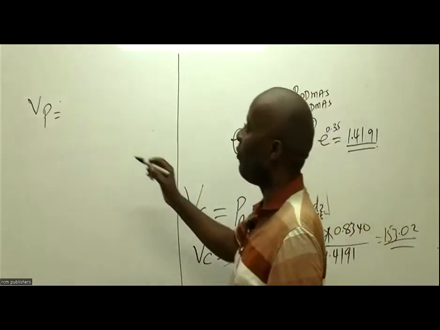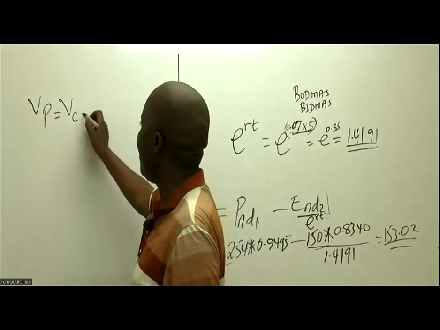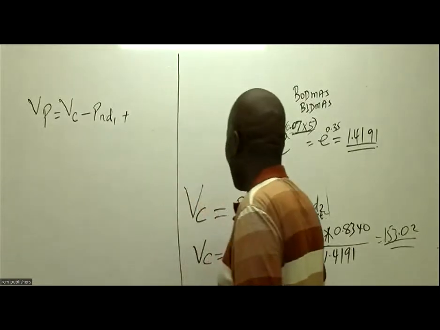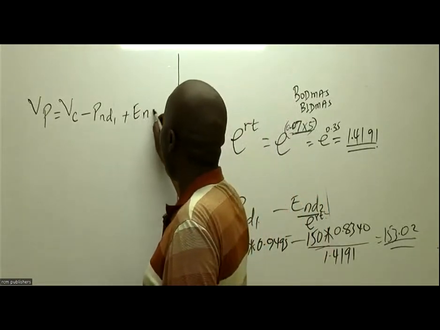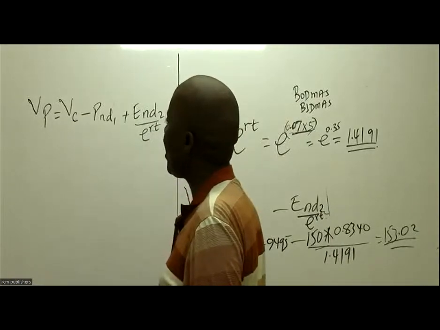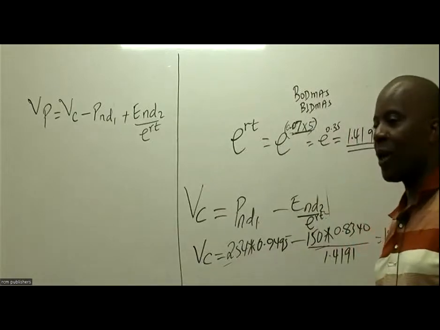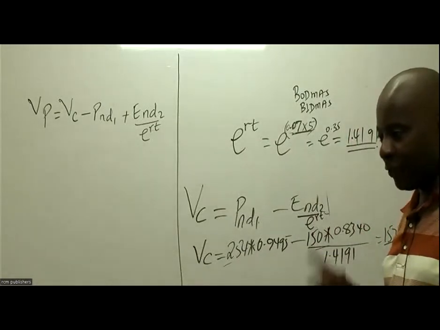So this will be the value of a call, minus this P N(d1), plus, of course when it crosses over it becomes a plus, E N(d2) all over e raised to rt. When I write like that, I know there is one mess I've done. Is there somebody who can pick out the mistake here in the formula?